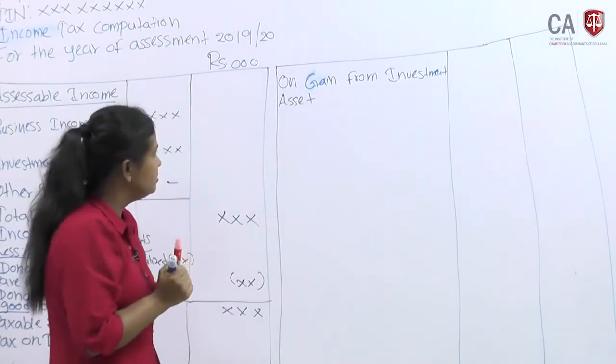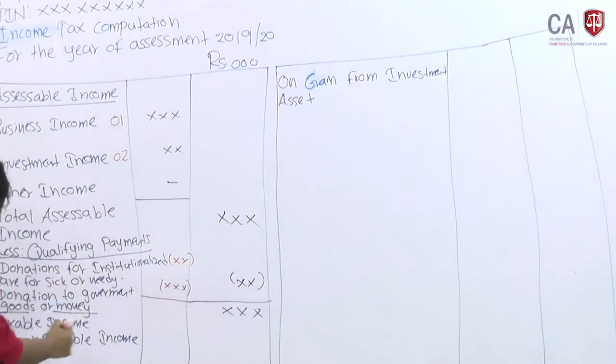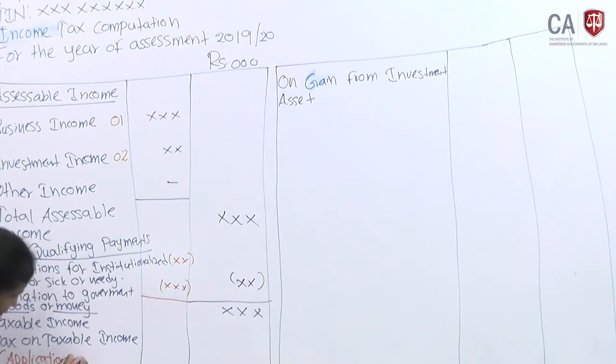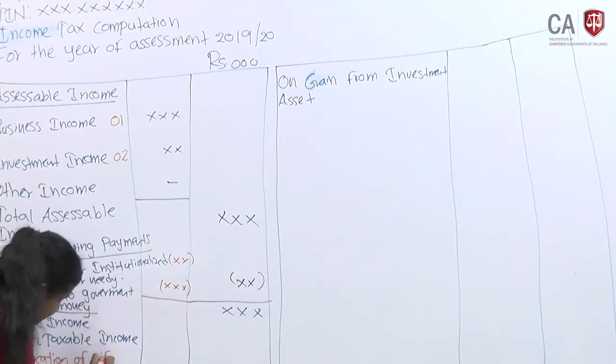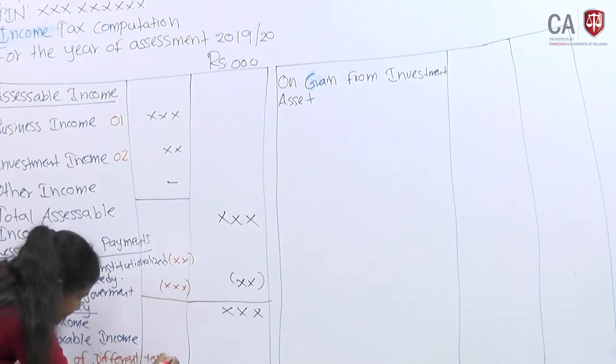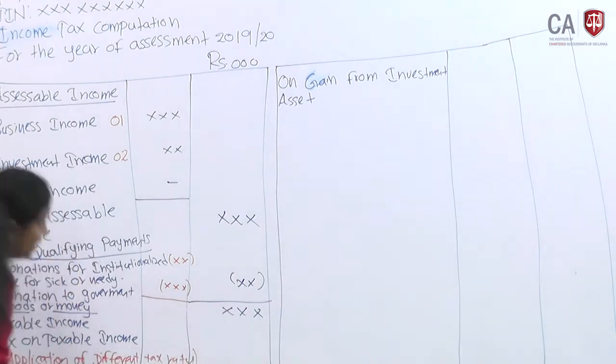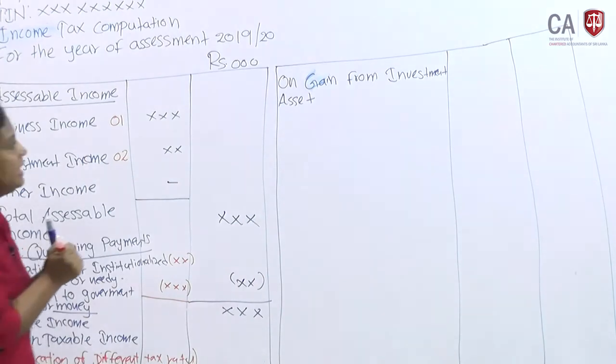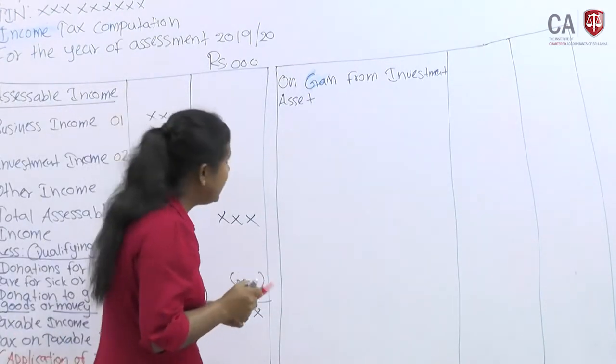Now what I am going to do is the application of different tax rates. We have only the 10% and maybe 14%, maybe 28%.